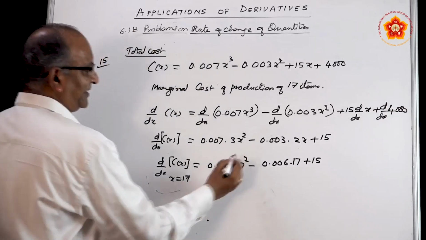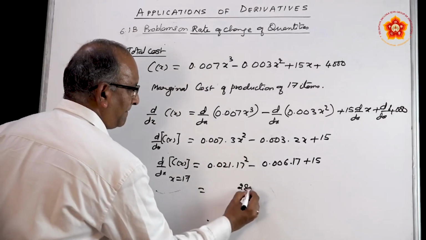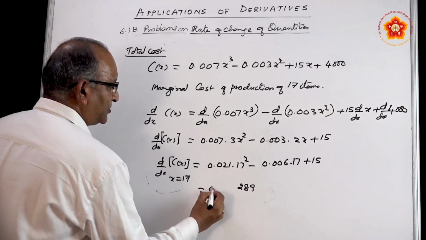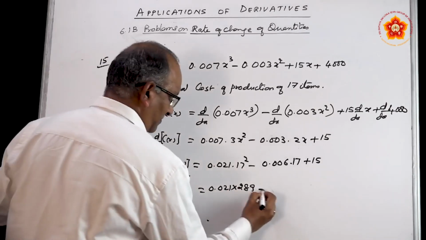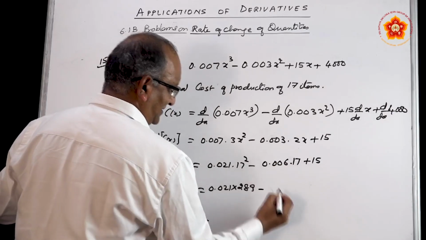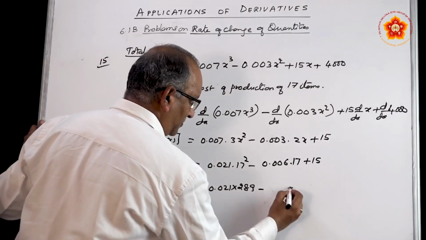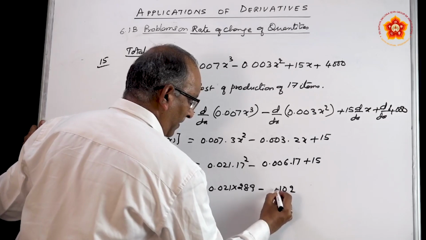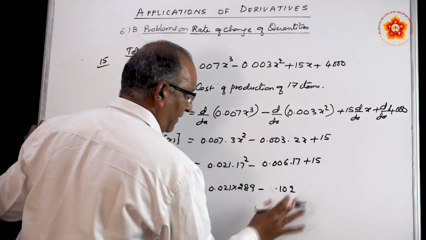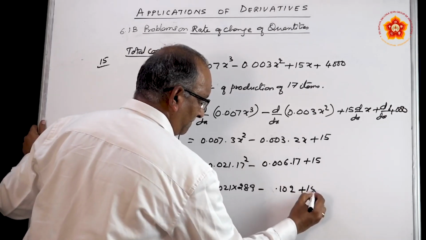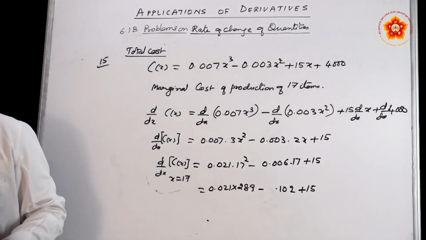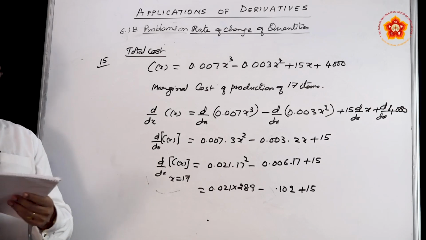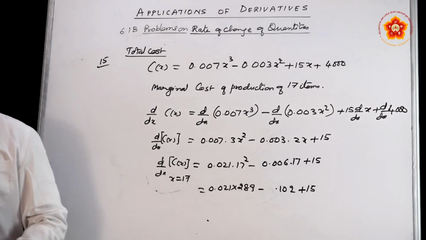Simplify further, 17 square is 289, 0.021 into this, minus 17 times 6 is 102, plus 15. Multiply this and finally we get the answer 20.967.